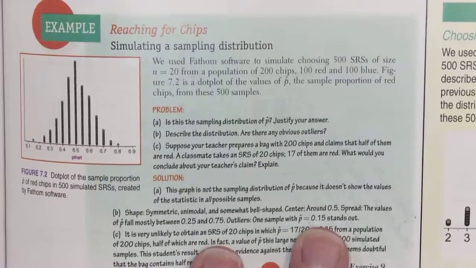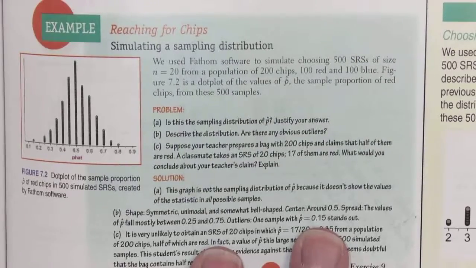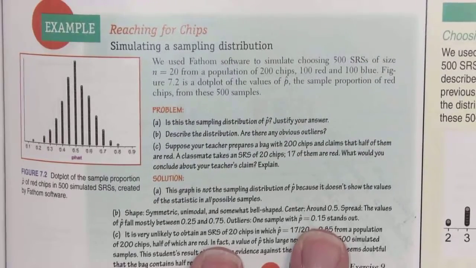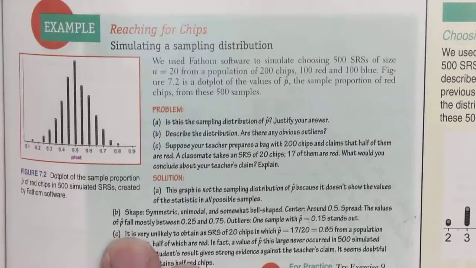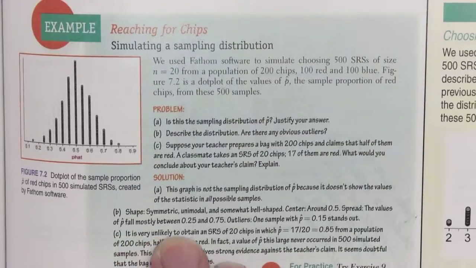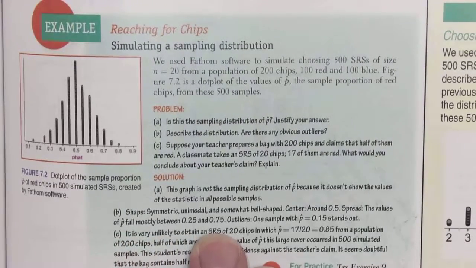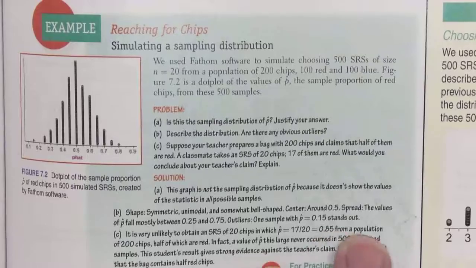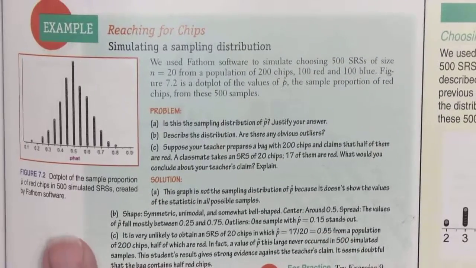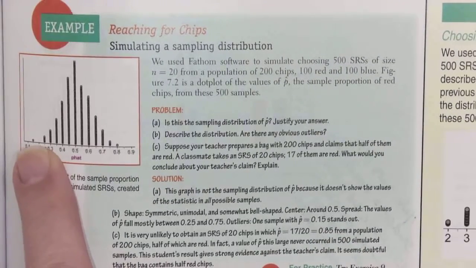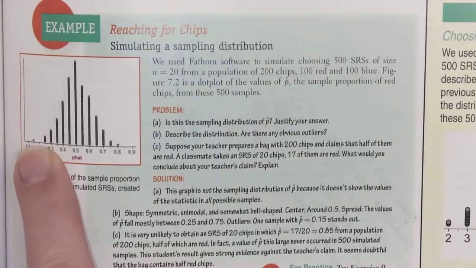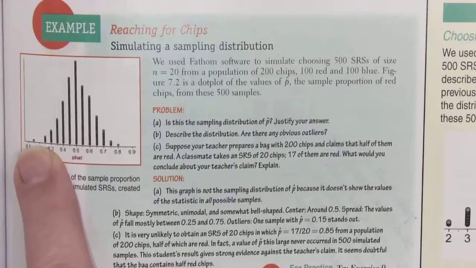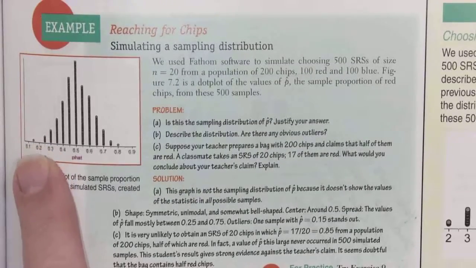Okay. And the center is around what? 0.5. That's right. The values of p-hat fall mostly between 0.25 and 0.75. With the outliers, one might be an outlier at 0.15, and it stands out to us right over here. But we're not positive of it. We would have to find that out, do some calculations and see if it really is.